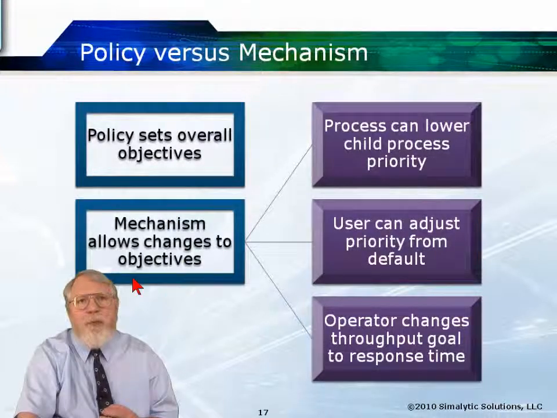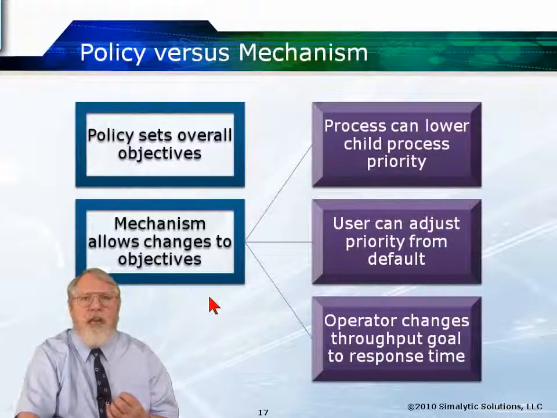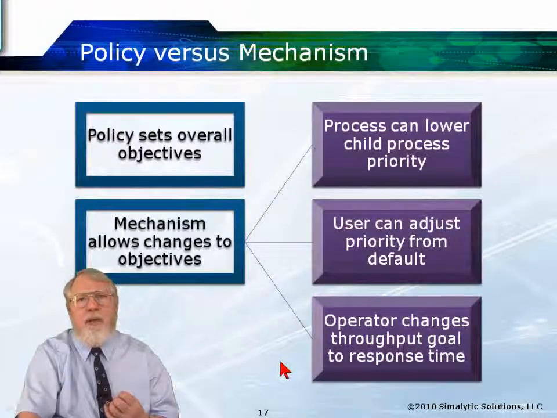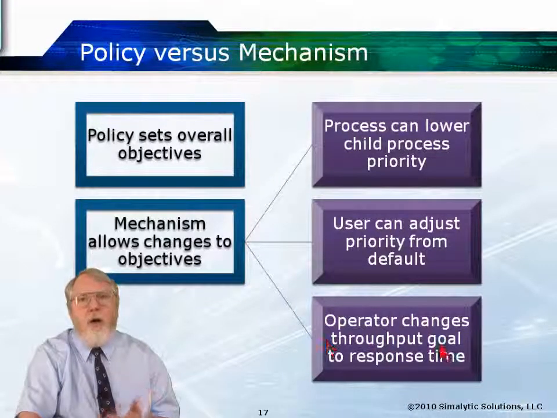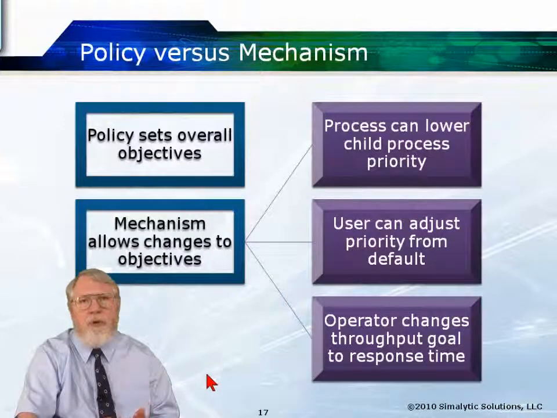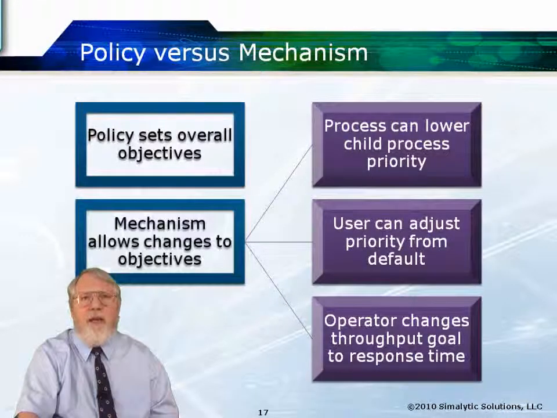So this mechanism says what is allowed to change. In the case of an operator change, you may have a privileged operator that can change the priority higher, but a normal operator can only change the priority lower. That's all defined in the policy that sets those overall objectives and controls within the operating system philosophy.